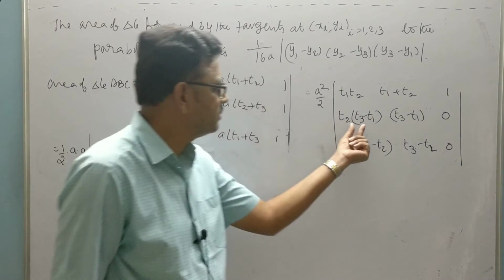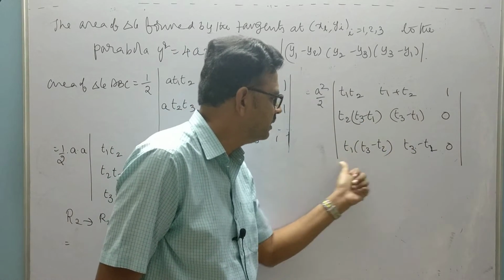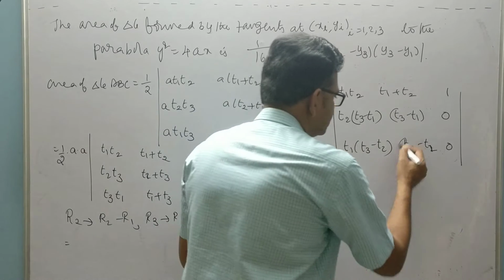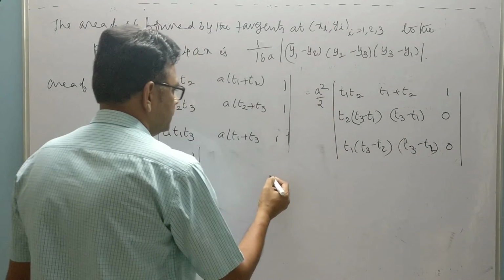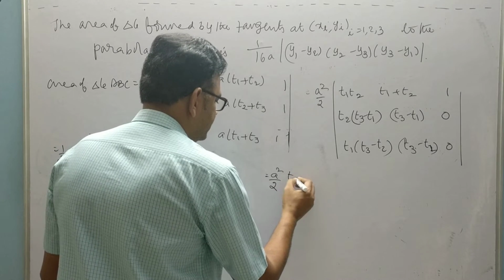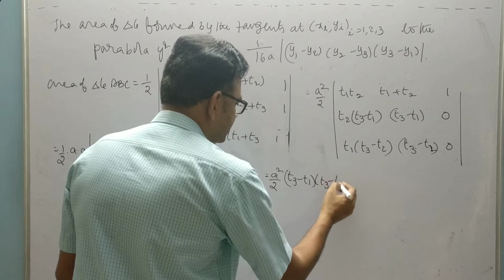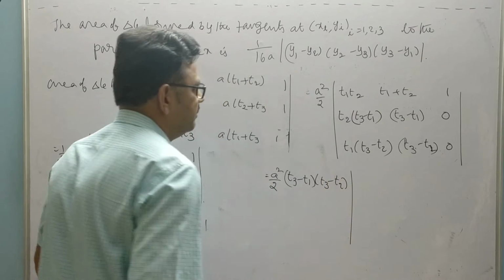So in the second row T3 minus T1 is common, in the third row T3 minus T2 is taken common, so this is a square by 2 into T3 minus T1 into T3 minus T2 taken common.